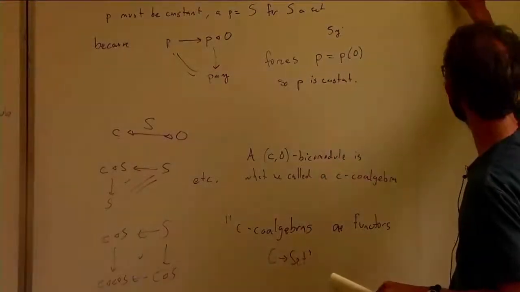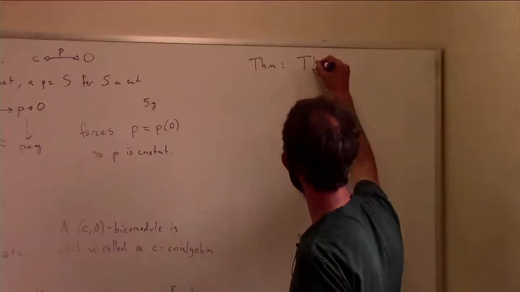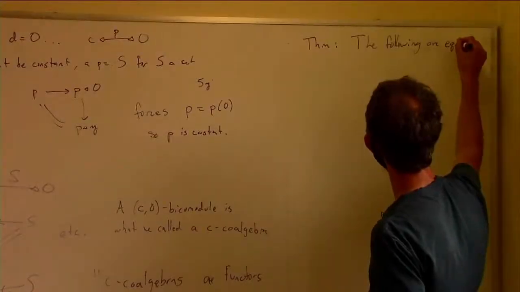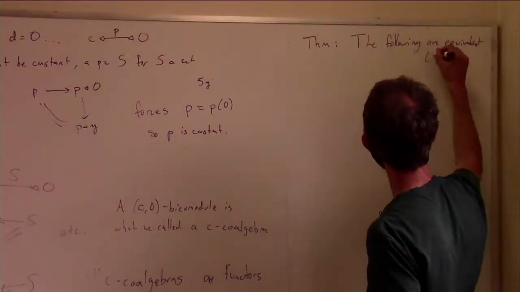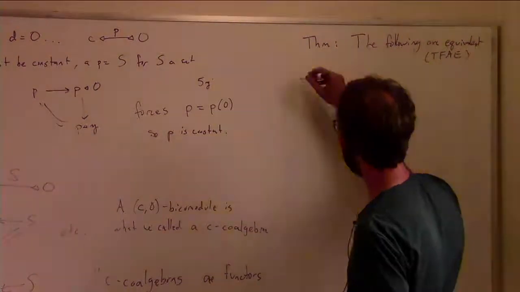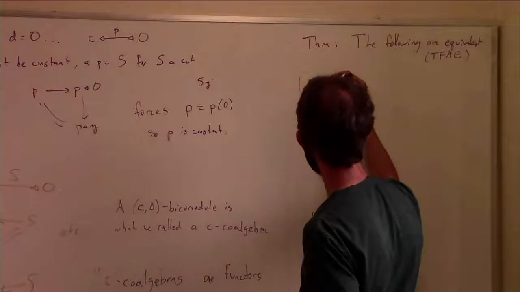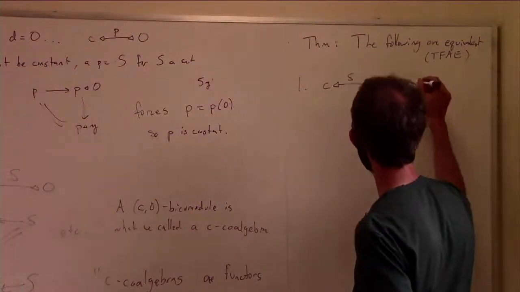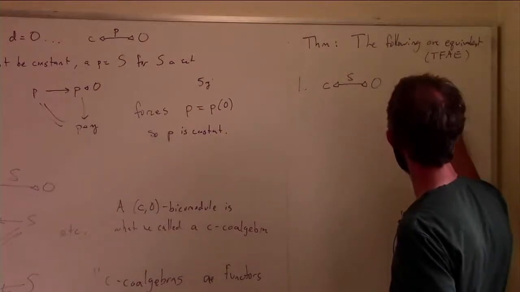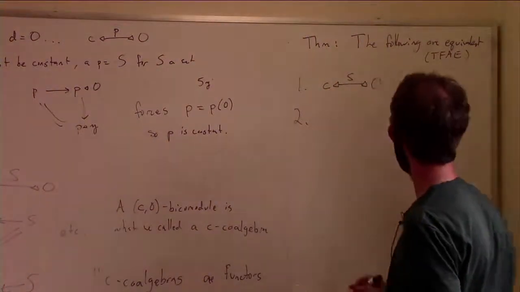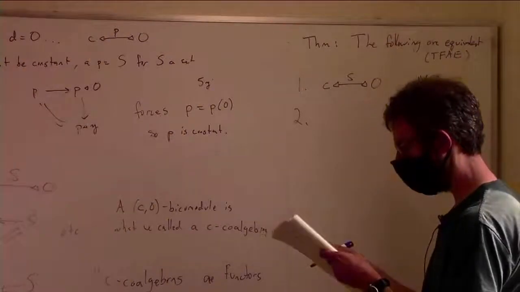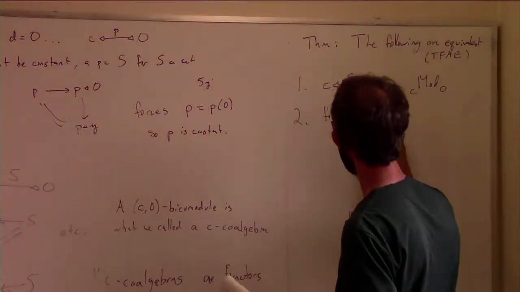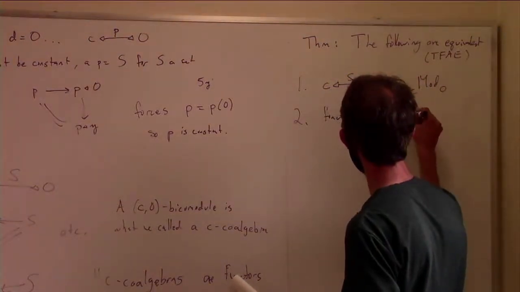The following are equivalent. I'll just say TFAE next time. One, C0 bimodules. Two, functors C to set. Three, discrete op fibrations.